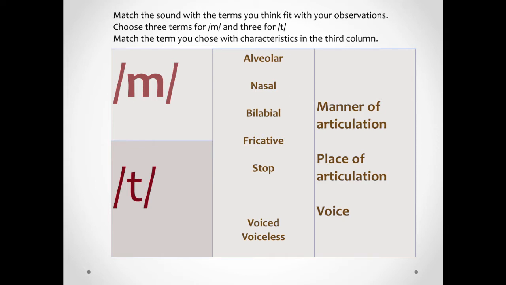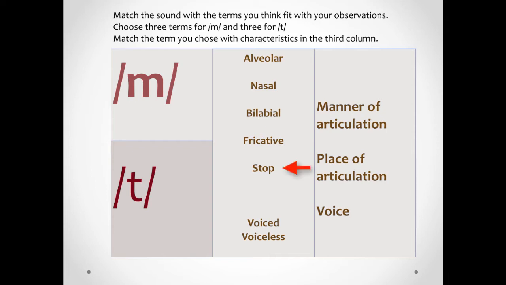Let's take a look at t in terms of place of articulation. Where is the t in English done? Is it with the two lips? Try to do a t with the two lips. You can't, right? So the t is an alveolar sound. Its place of articulation is alveolar because the tip of the tongue is touching the alveolar ridge.